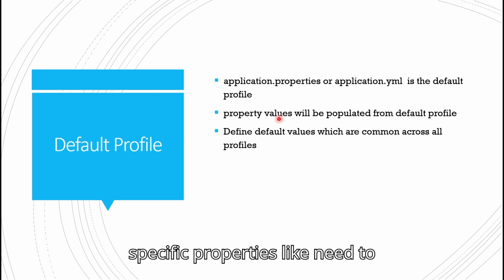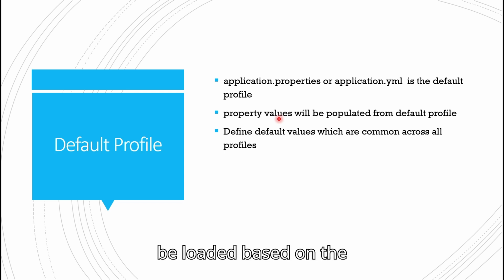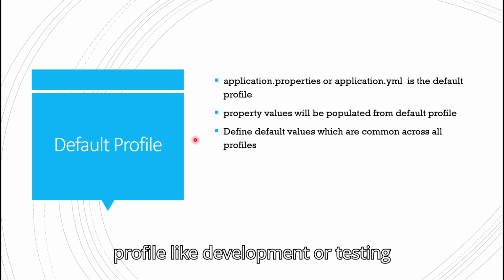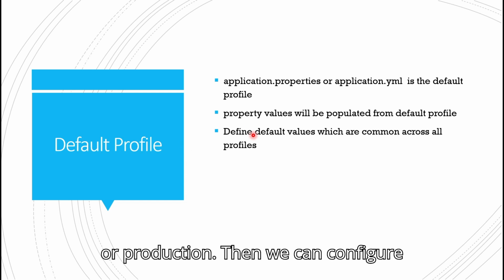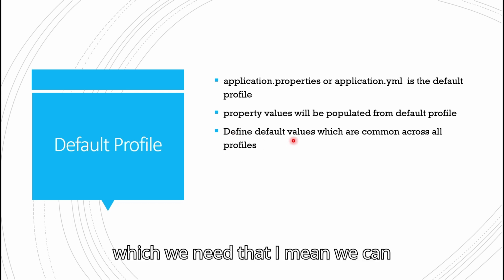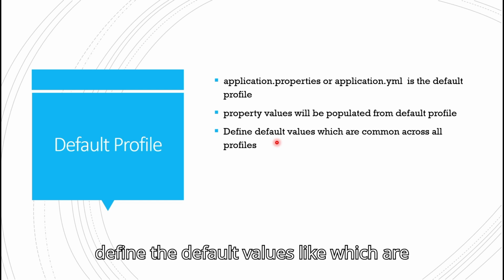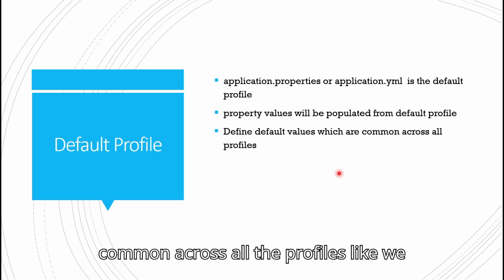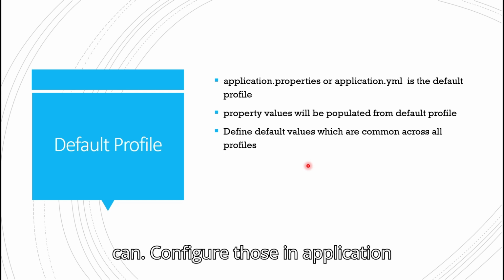Any other specific properties that need to be loaded based on the profile, development or testing or production, we can configure in separate files. The default values, which are common across all the profiles, we can configure in application.properties.